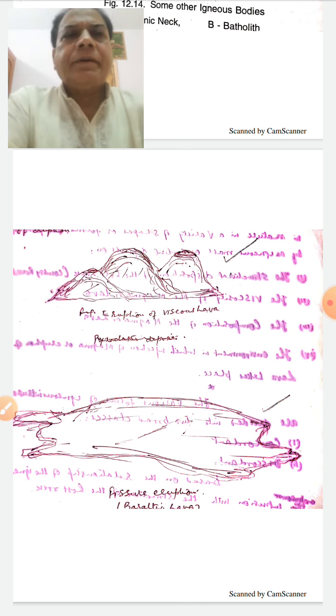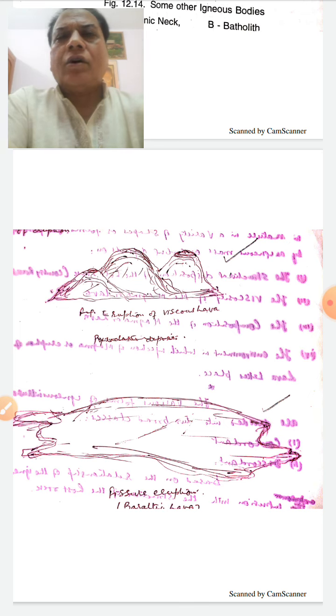The contact may be parallel to the bedding or foliation of the country rocks, in which case it is called concordant. Typically, the contact is at an angle to the bedding or foliation of the country rock, and it is called discordant. Now, these lava flows are emitted either from individual cones or from fissures.